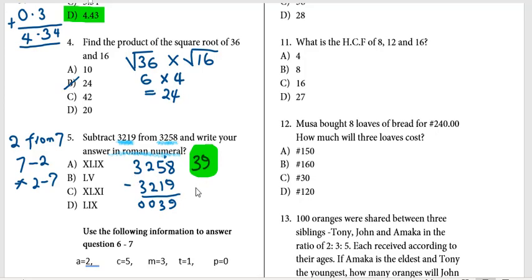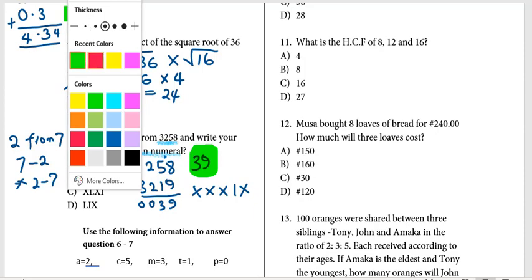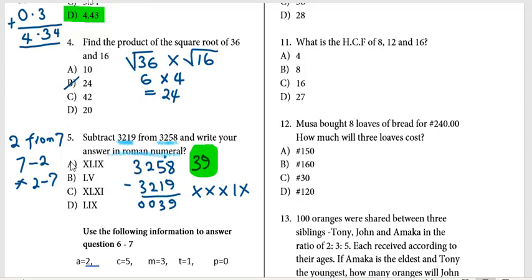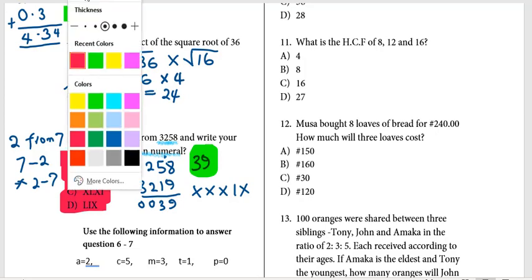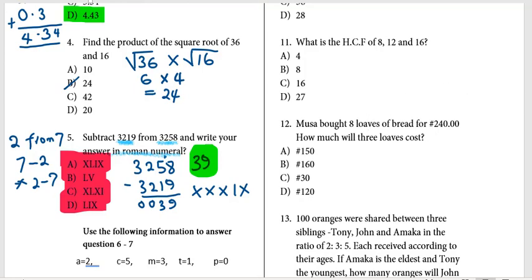So in Roman numeral, 30 is XXX, and 9 is IX. But it happens to be that the answer is not in the options, so we would have left it, but for the sake of this video, it's an instructional video, I need to explain everything, so that's why we had to explain to the end. This question is another bonus question, and every student got it correctly. So that's it. Let's go to the next question.